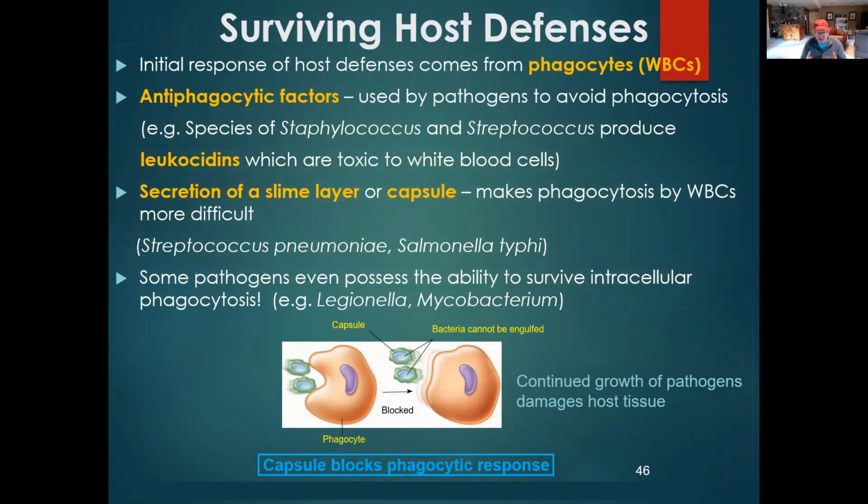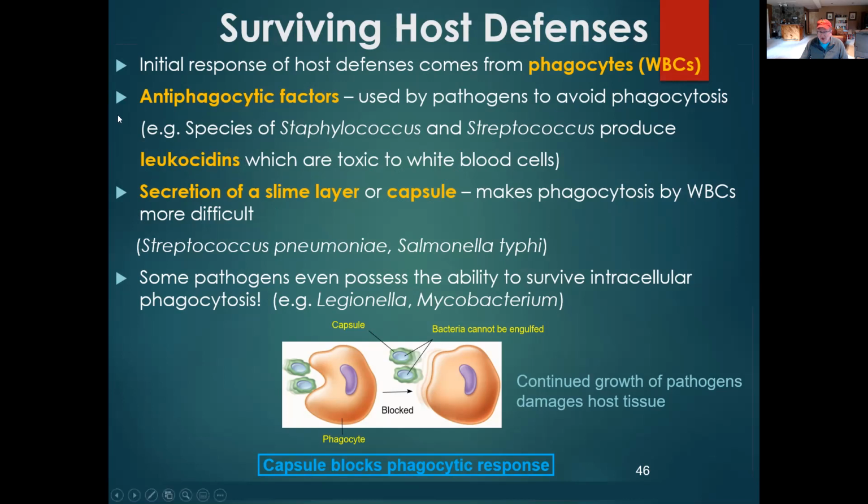Because certainly the white blood cells, the phagocytic cells, are going to try to get rid of those. Well, some pathogens have anti-phagocytic factors or chemicals that they will produce. We talk here about staph and strep producing these leukocidin chemicals. Leuko refers to white cell. Cidin means to kill. So these leukocidins kill white cells.